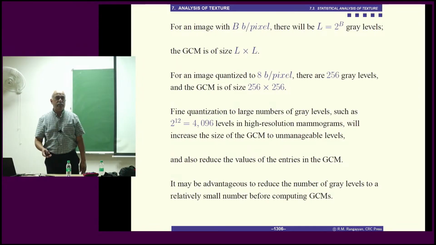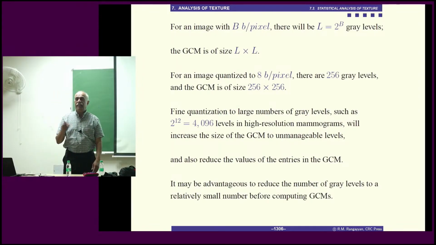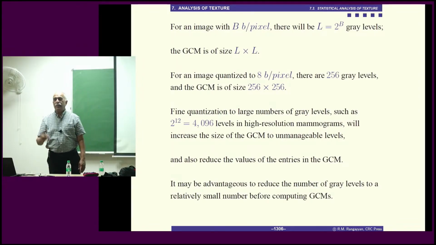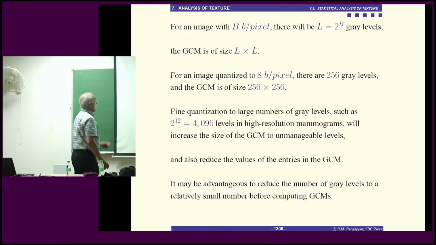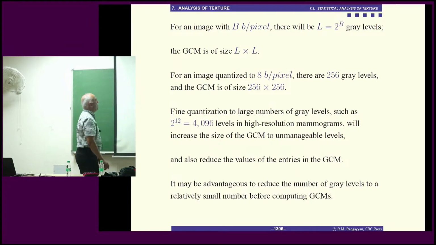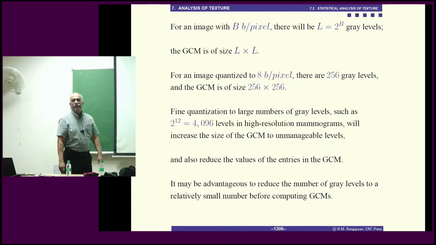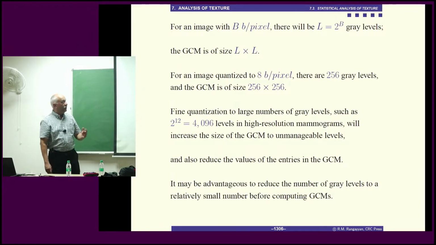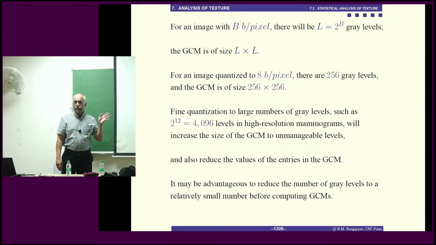And with CT images, if you have 12-bit, then it is 4096 square. No, 2048 is 11 bits, so 12 bits is 4096 square. I'm jumping ahead. With 2 to the 12, 4096 in medical images, this could lead to really large gray level co-occurrence matrices.